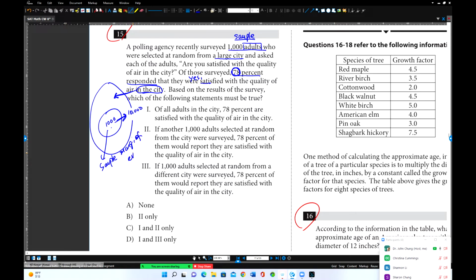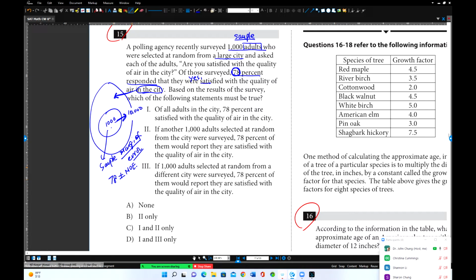Margin of error, okay? So what does that mean? The result is 78 plus or minus some margin of error, MOE.